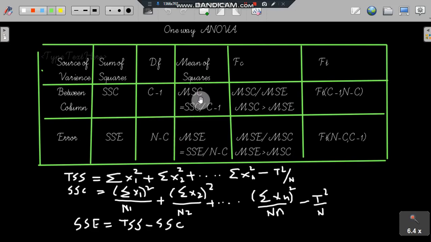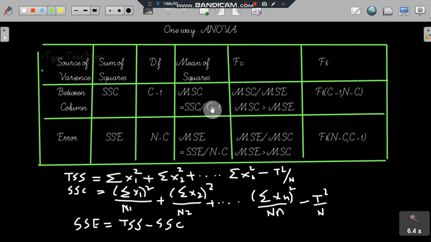Now coming to the fourth column, where we calculate the mean squares. For SSC, the mean square column is given by SSC divided by the degrees of freedom, and that way we get MSC, mean square column. So mean square column is nothing but SSC divided by C minus 1.